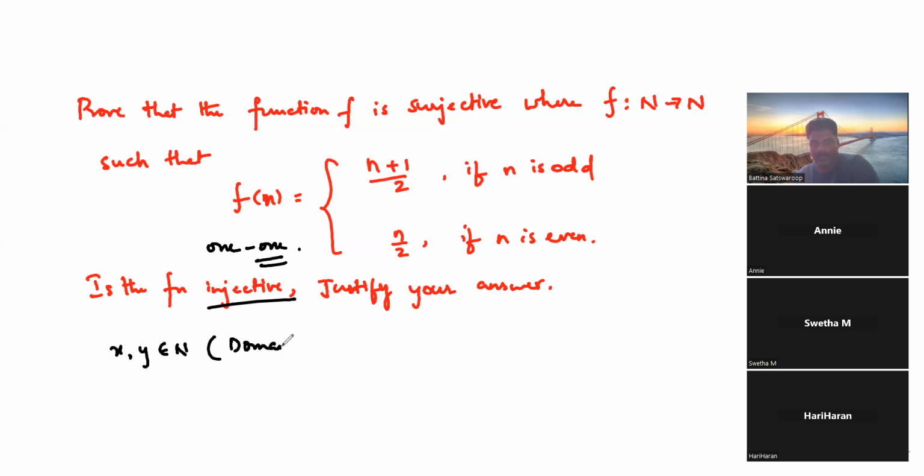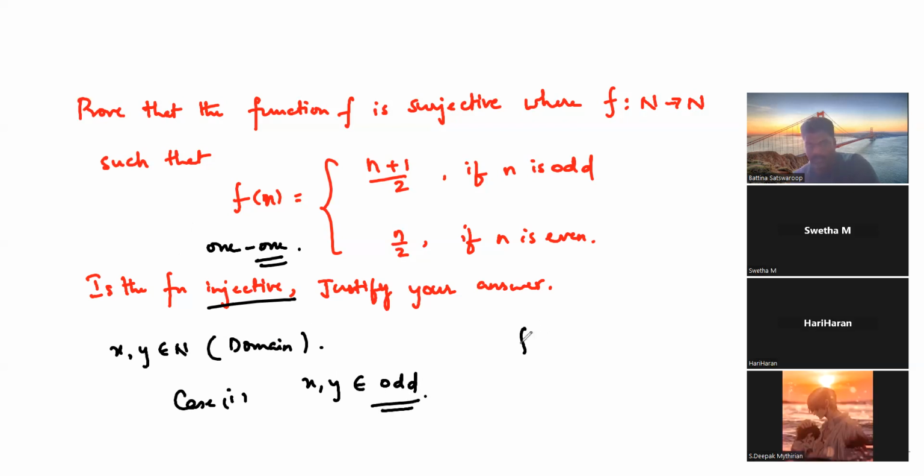That is the domain. So case 1, x comma y, let us say they are both odd values. So f of x is equals to f of y if I take, sir. Then x plus 1 by 2 will be equal to y plus 1 by 2. That will imply x is equals to y.